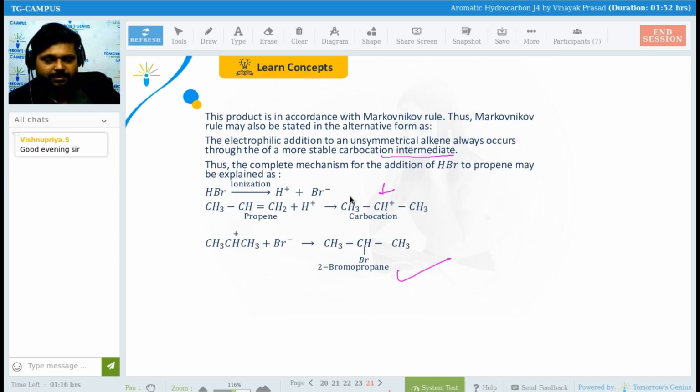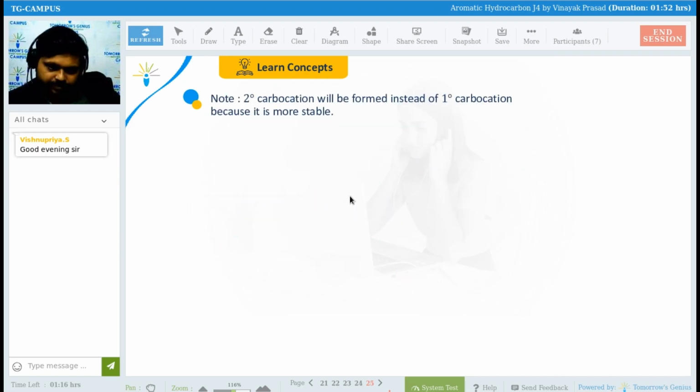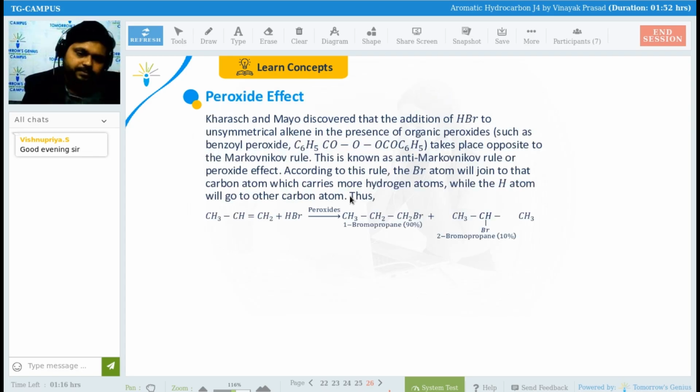Guys, we have discussed that the 2 degree carbocation is more stable. So 2 degree carbocation will be formed instead of 1 degree carbocation because it is more stable. Clear? Now, about the peroxide effect.